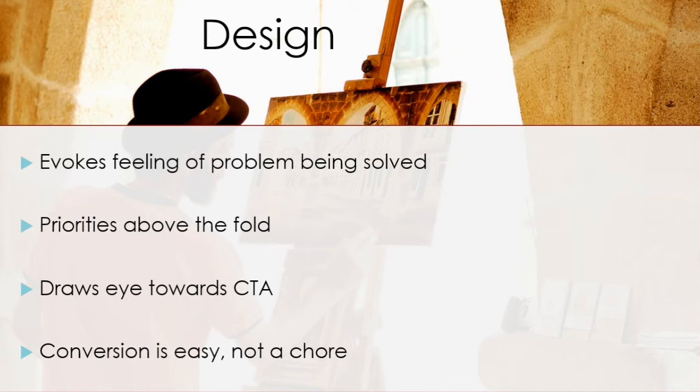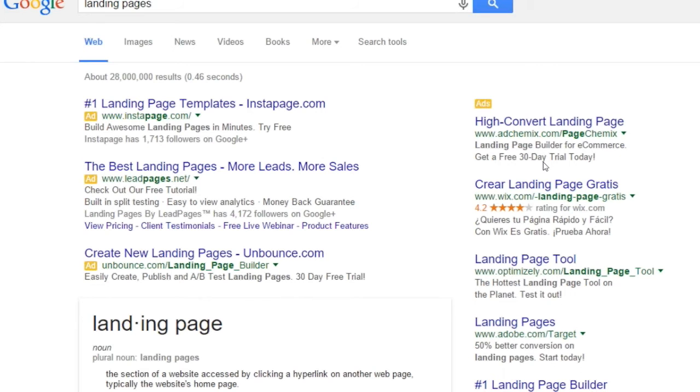Just state it clearly, state exactly what your solution is, draw the eye towards the CTA, and make the conversion easy. What I mean by that is, I understand that you want certain information from the customers, but think about what they're willing to give for the value that you're providing. So let's look at some examples.